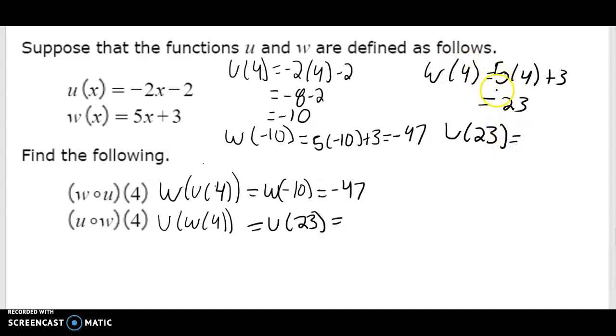And everywhere I see an x in U, I put in a 23. I get out a -48.